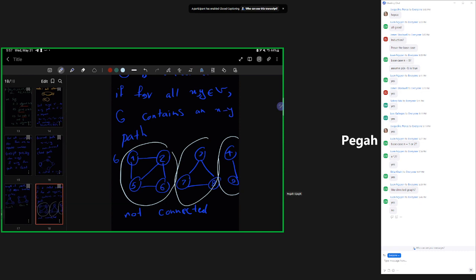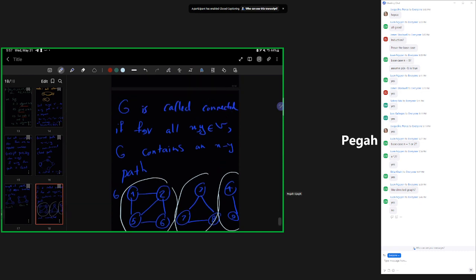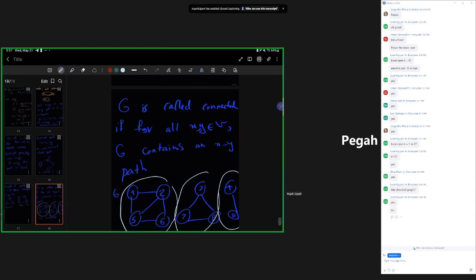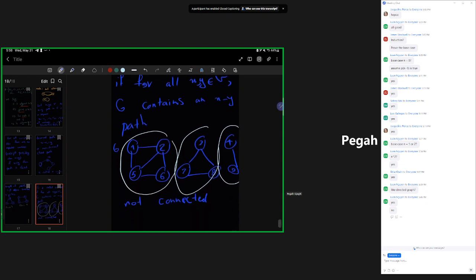We say this graph is not connected because, based on the definition, for any X and Y in V, the vertices start from 1 to 9, so we should have a connection between any of them. G contains an X to Y path. It means I start from 1, 2, and then go to 3, 4, 5, 6, and then we don't see that one, so it's not connected. Is it clear?